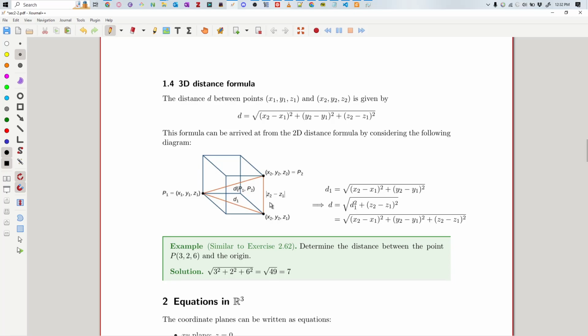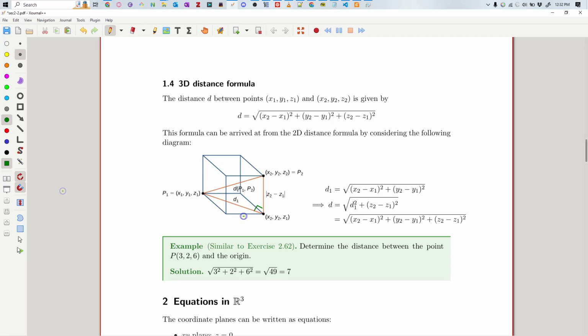The absolute value here is just because z1 and z2 might be flipped if you were to sketch it accurately. It could be that z2 is less than z1, in which case graphically this point should actually be below. To get rid of this issue, we just say that it's the absolute value of the difference of the 2 things.